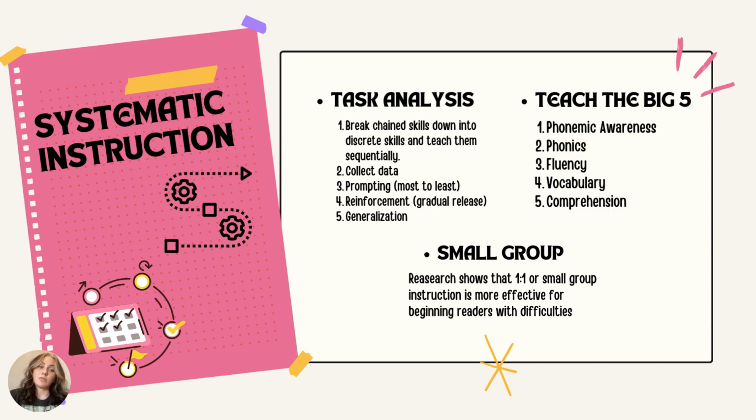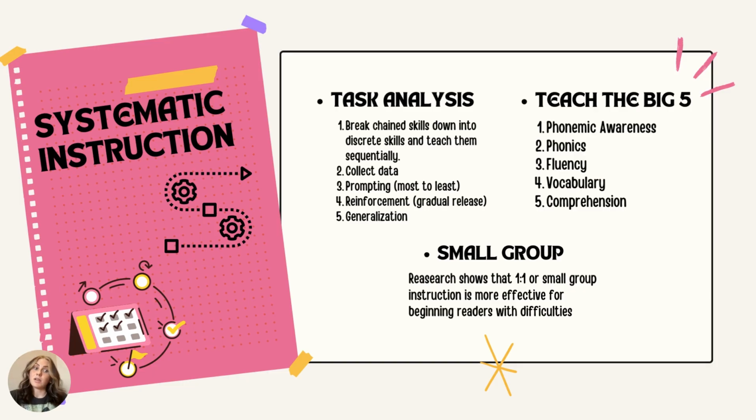They recommend using a most-to-least style for prompting. This looks like maybe more hands-on with the student, and over time as they get better with that skill, you take a step back. Again, then you need to give reinforcement and use the gradual release. You want to give a lot of reinforcement up front when you're developing a new skill.